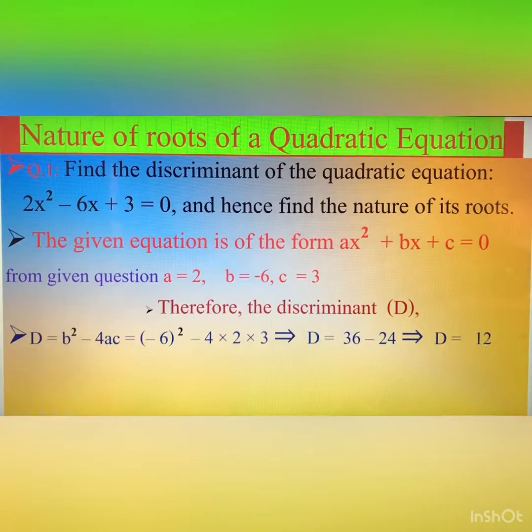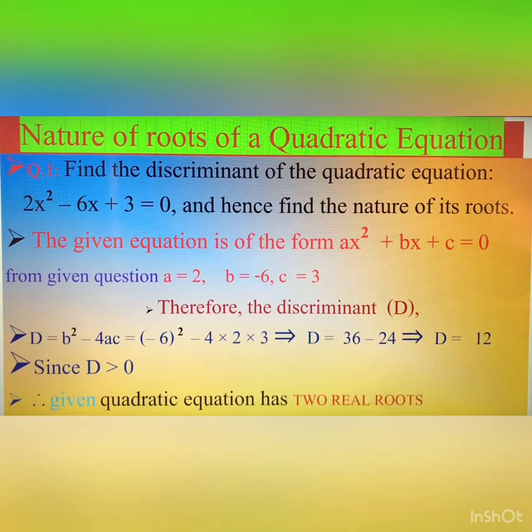That is a positive value, D is greater than 0. It means this quadratic equation has two distinct and real roots because D is greater than 0. Therefore, the given quadratic equation has two different real roots.